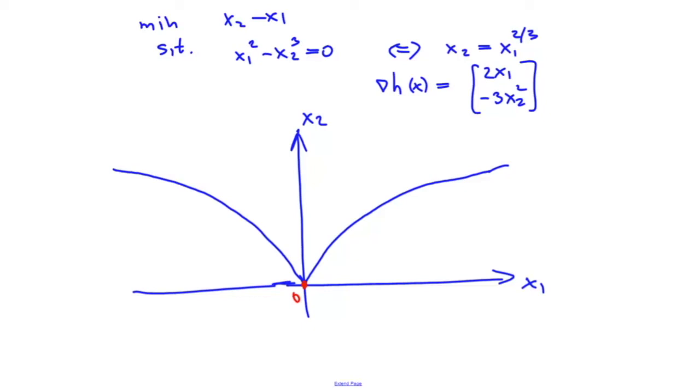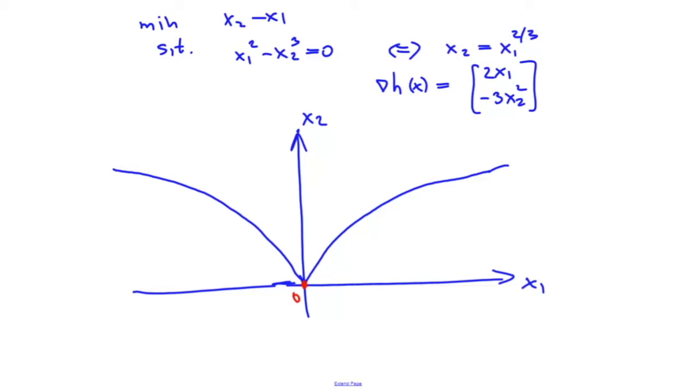If you apply the Lagrange condition, the fact that this point is not regular tells us that even if this point doesn't satisfy the conditions in Lagrange theorem, it can still be a candidate for a minimizer. Okay, so we need to consider it as a candidate. So now let's apply the Lagrange theorem.